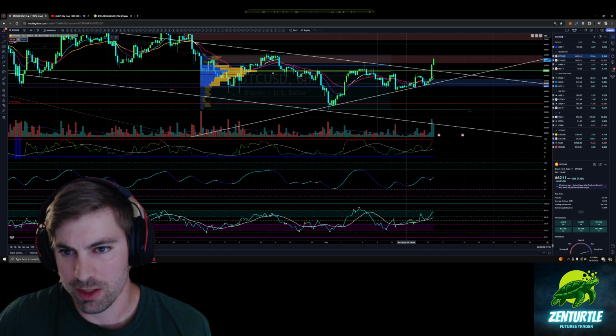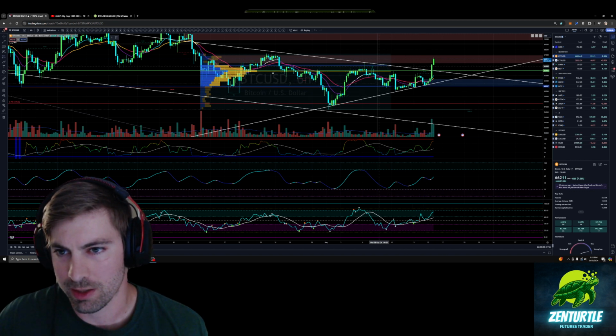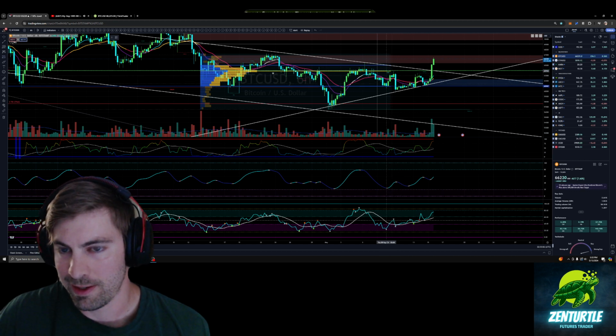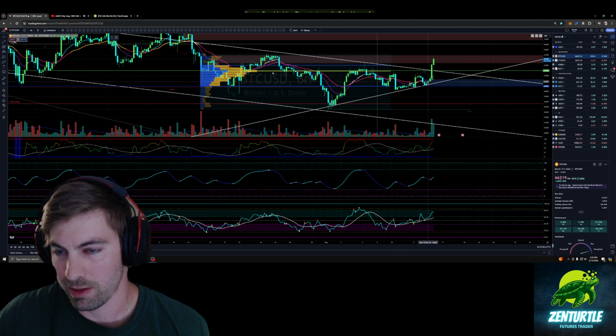So similar scenario, except I got an entry over here. See, I was actually short from earlier because it rejected this POC right here. And then price held these levels.